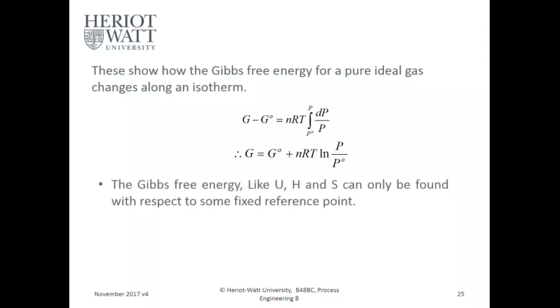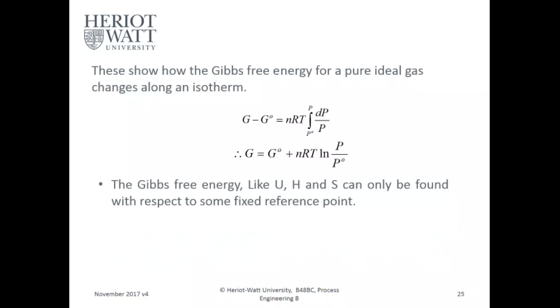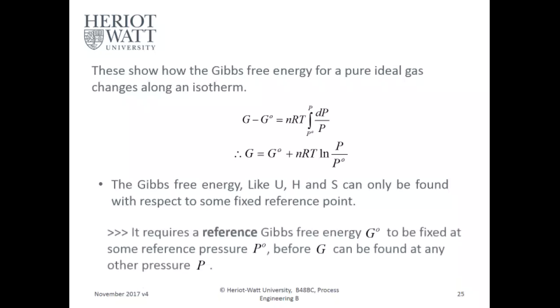The Gibbs free energy, like internal energy, enthalpy, and entropy, can only be found with respect to some fixed reference point. So you can only find it at a specific pressure, specific temperature, specific volume. It requires a reference Gibbs free energy to be fixed at the reference pressure before G can be found at any other pressure. So if you find it at a specific pressure, then you can find it at any other pressure as well, based on the derivative.